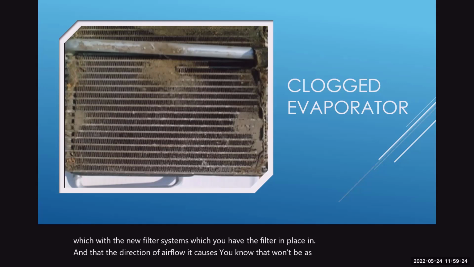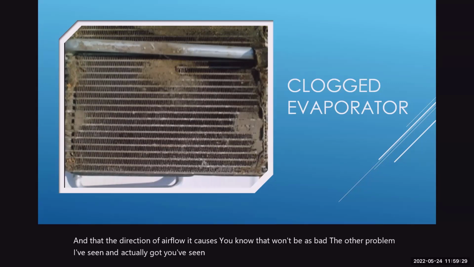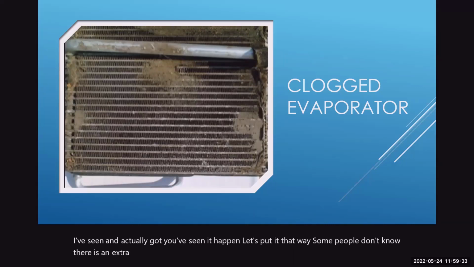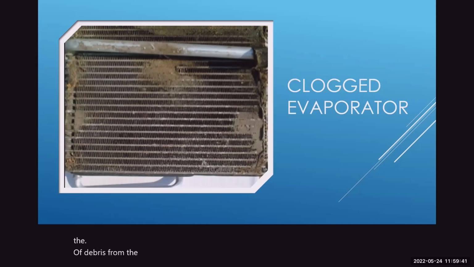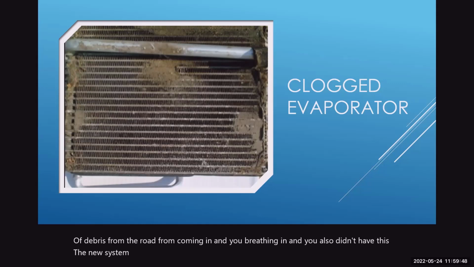The other problem I've seen, and actually I've seen it happen, let's put it that way. Some people don't know there is an extra filter that's just for the air conditioning. That filter is to keep a lot of the debris from the road from coming in and you breathing it. The old systems didn't have this. The new systems do. So you think about it, just like the condenser, we had airflow going across that, it could get plugged up.